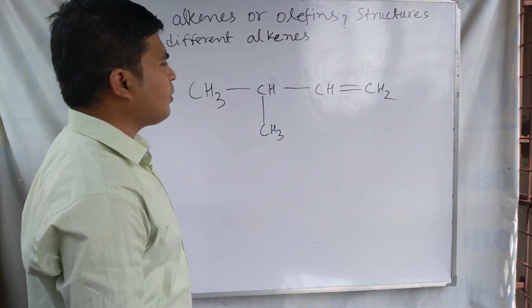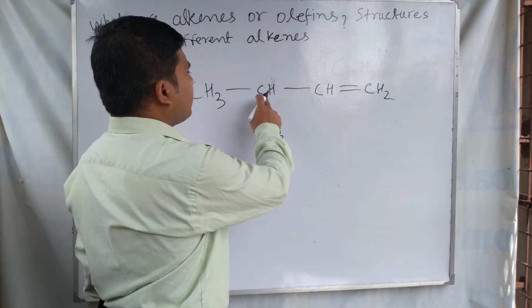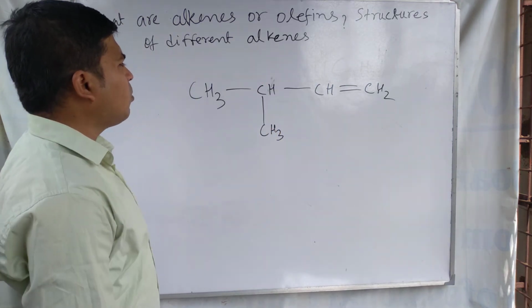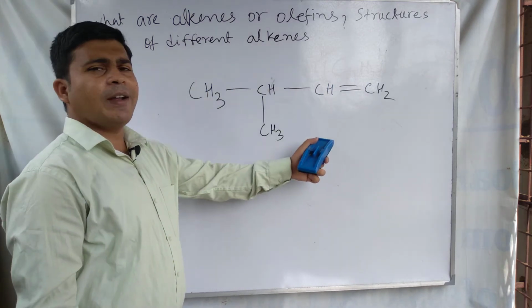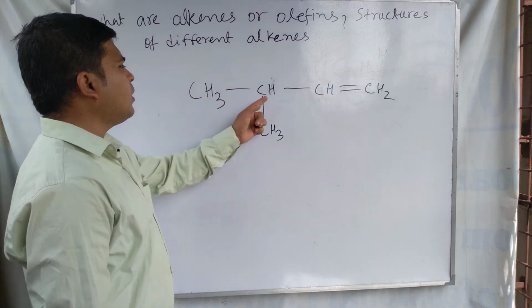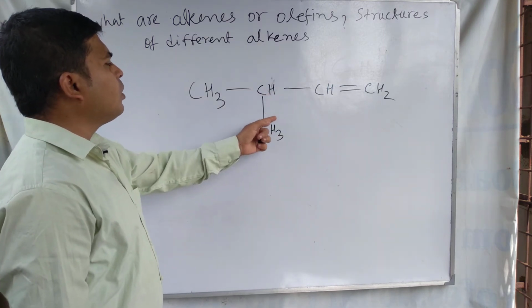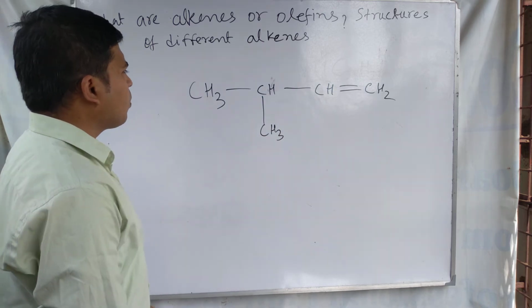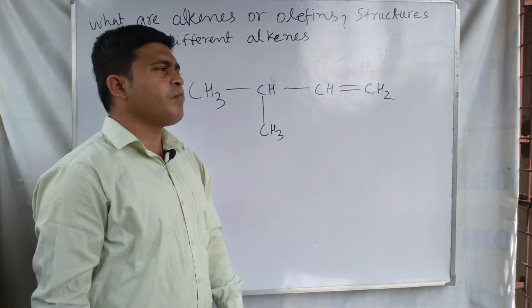This one is called a substituted alkene. Here one hydrogen atom of this carbon is substituted by CH3, replaced by a methyl group. This has one branch chain.